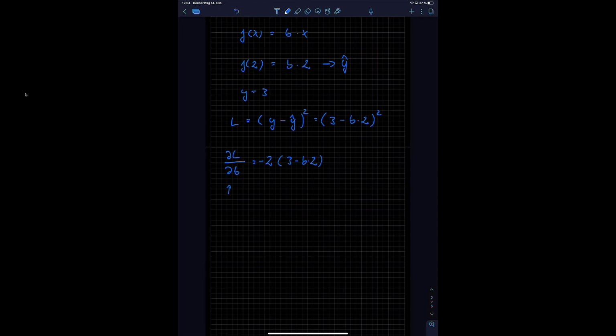If it's positive, it means we should decrease the value of b, right? Because if it's positive and we increase the value of b, it increases the loss. But as we want the loss to decrease, we should decrease the value of b. And if the partial derivative here is negative, that means we should increase the value of b if we want to decrease the loss function value.